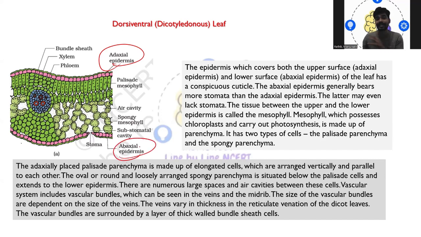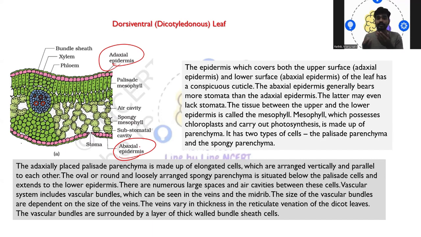The upper surface of the leaf is called the adaxial epidermis, and the lower surface is called the abaxial epidermis. We need to remember that both of these have conspicuous cuticles.